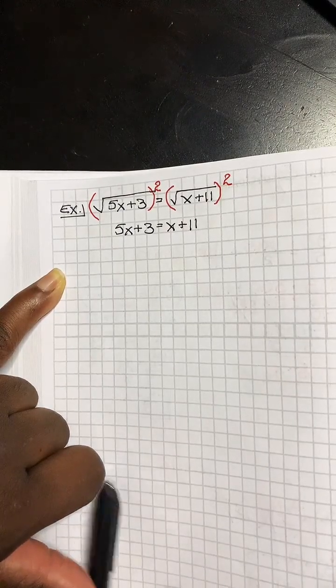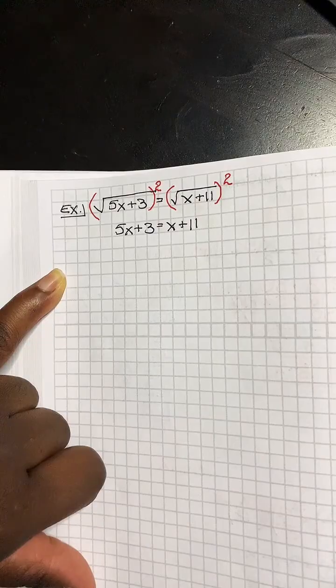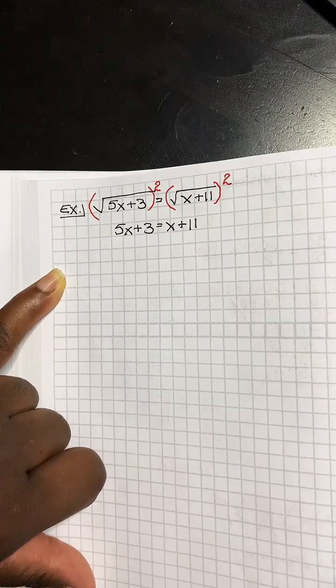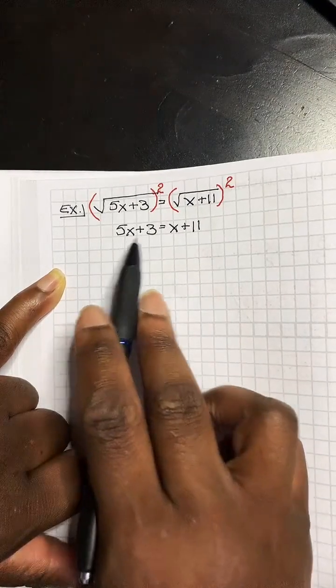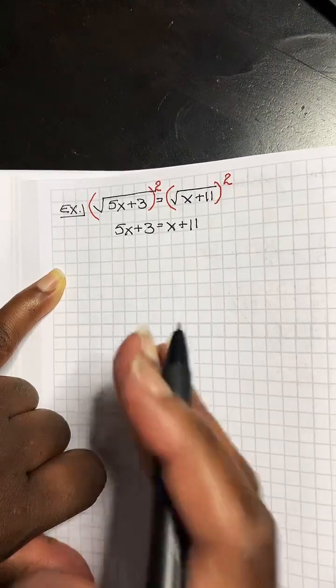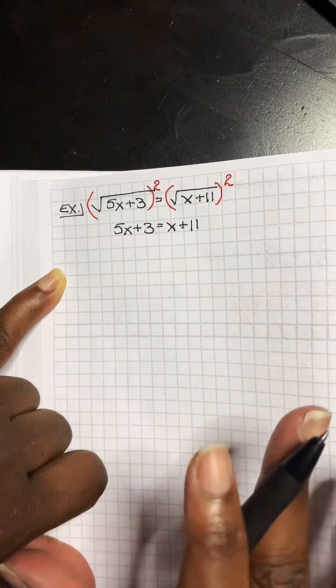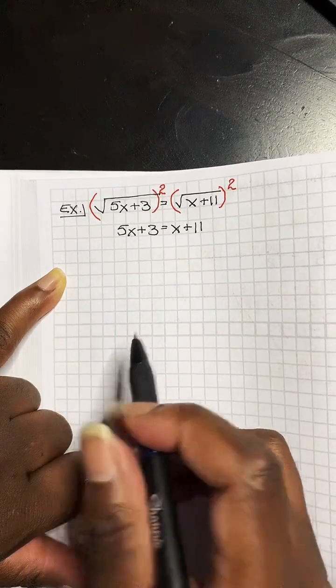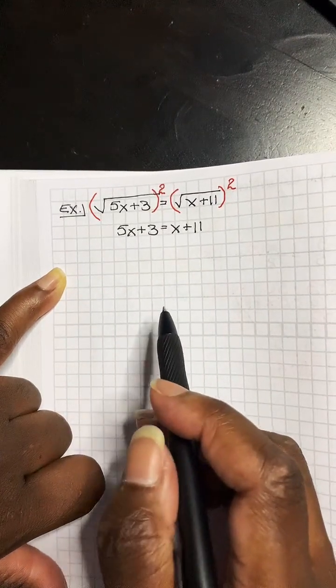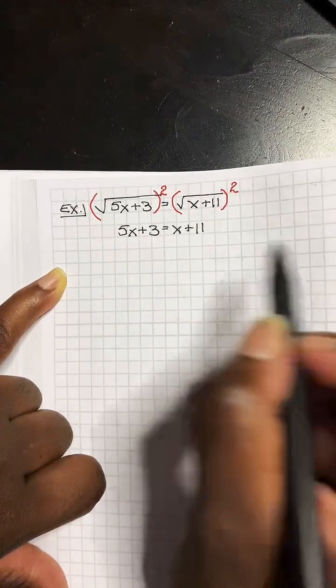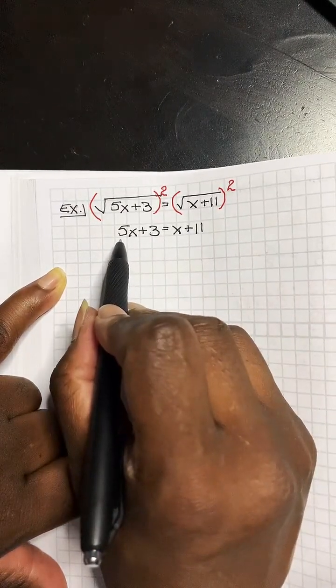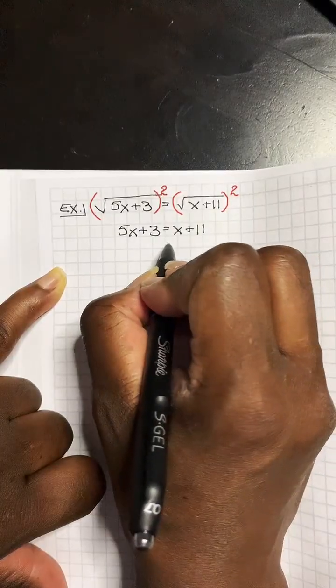So now, just like with any other equation, we are trying to isolate our variables. But right now, we got a variable on both sides of the equal sign. So we need to decide which side you want to put it on. I know traditionally, a lot of teachers are like, yeah, put it on the left side. But sometimes it really doesn't matter.